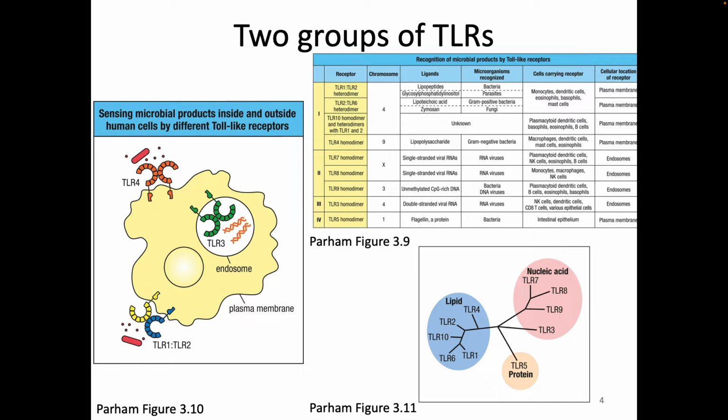Yeah, the bacteria are often found outside of our cells. And so they're probably going to be detected by a plasma membrane receptor. Viruses like to be inside our cells. Pretty much the only thing that can be detected from them is nucleic acid. And these receptors inside the cells, which happen to be the ones that look for nucleic acid, tend to be recognizing viruses.